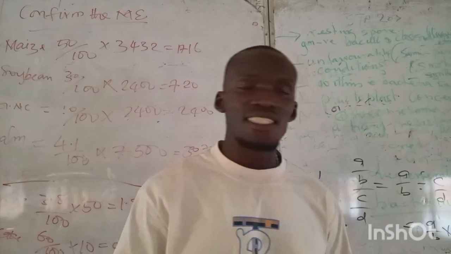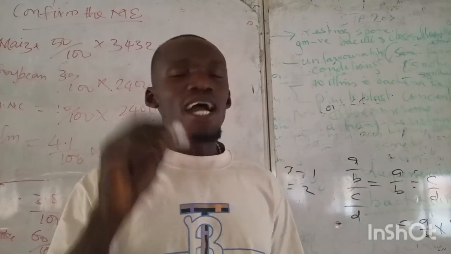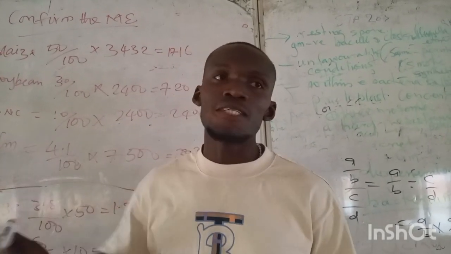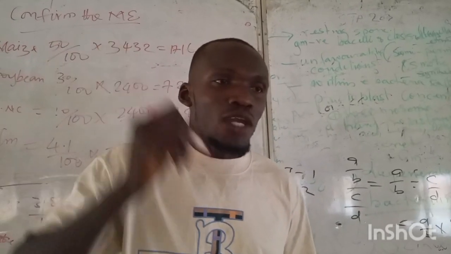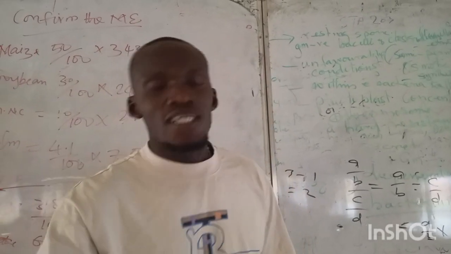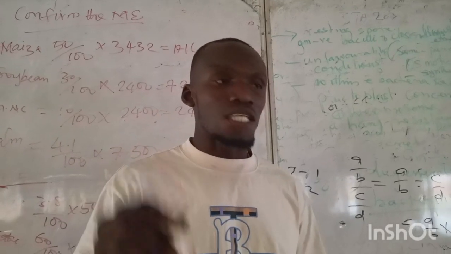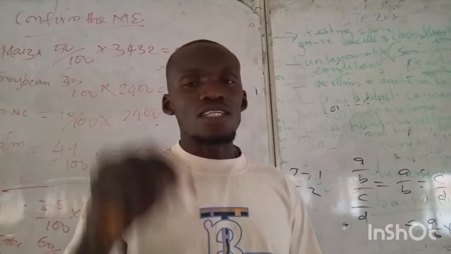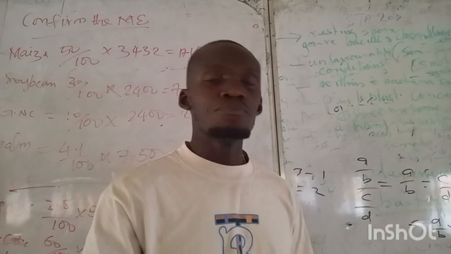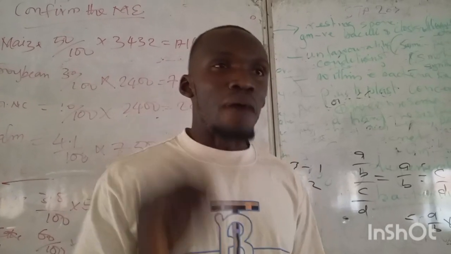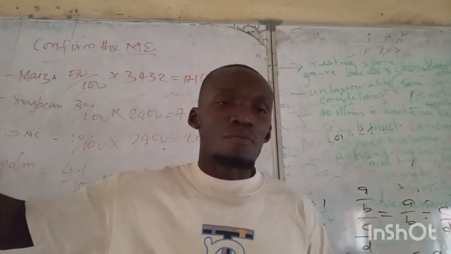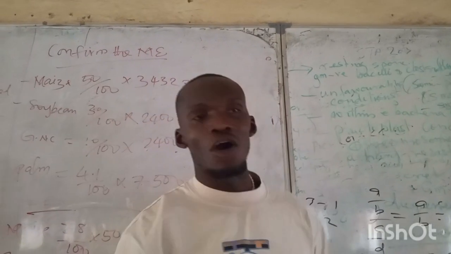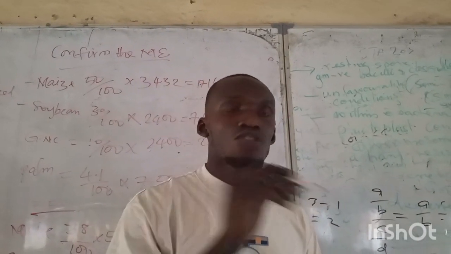But nevertheless, the ether extract of this particular feed is high above the requirement. Therefore, this particular feed cannot be accepted. If it must be accepted, the ether extract must be reduced by removing some percent or some value from palm oil, adding toward maize or soybean.